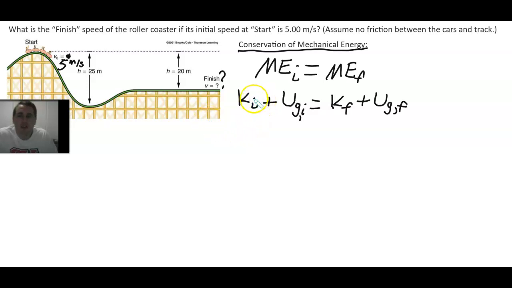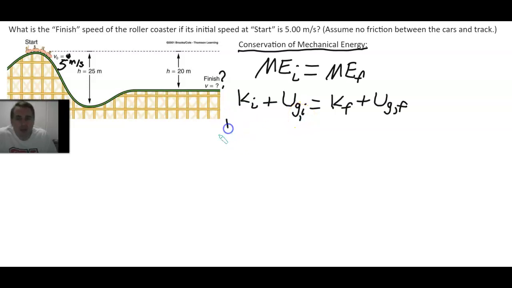Now for this particular problem, we want to start to expand it out because we're looking for the final velocity here. So we have to get velocities out of kinetic energy, and then we're given information about height, so we want to expand out the gravitational potential energy terms.